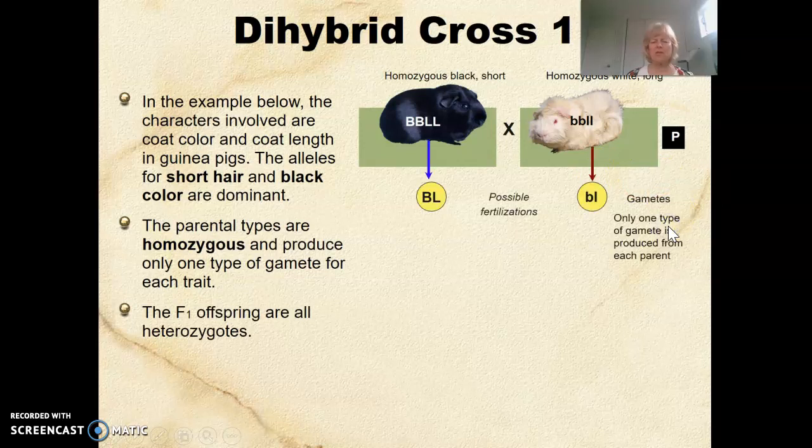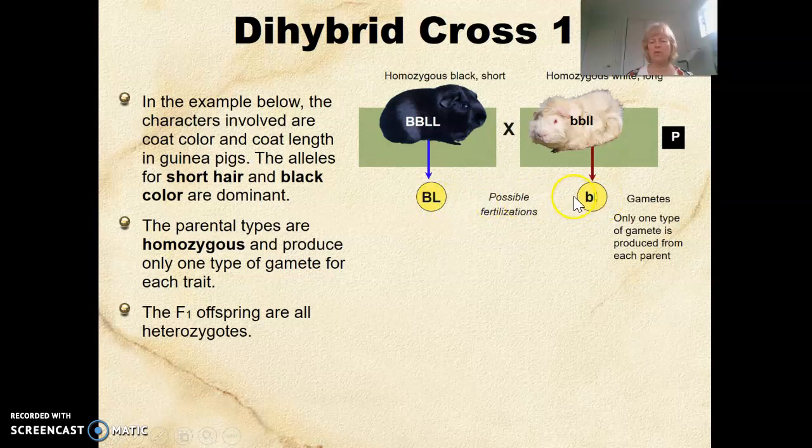Now, because they are homozygous, they can only make one type of gamete, and the gametes carry one copy of each of these alleles. So they carry big B, big L, and here same thing. They also can make only one type of gamete, little b and little l.